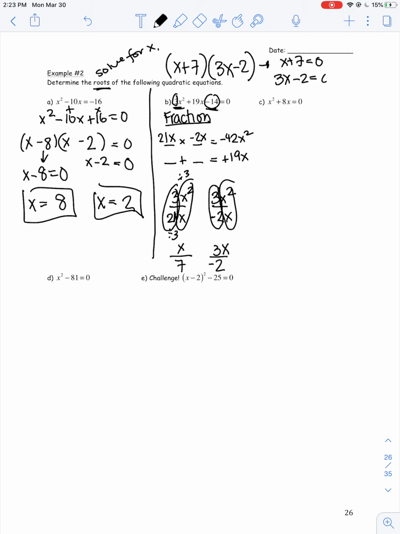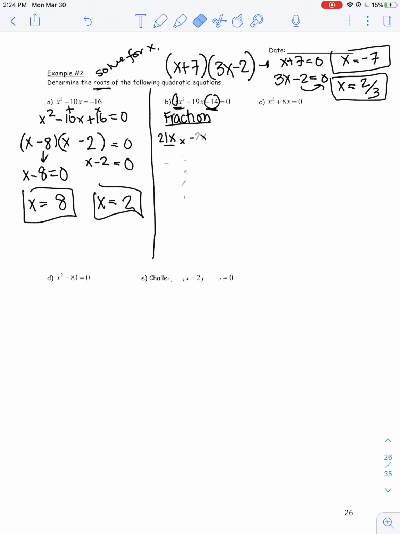And then you're going to go further by making each one equal to 0, just like before, which means that x equals -7 as one solution. And x equals, move the 2 over, instead of -2, it becomes +2 over 3, your second solution. So those are the 2 solutions. So that's the fraction method. That's a made-up method that I've worked on and I've seen before, and I really like that one.